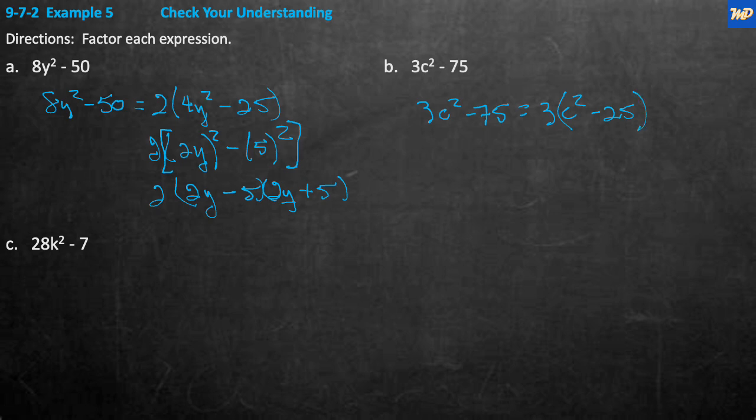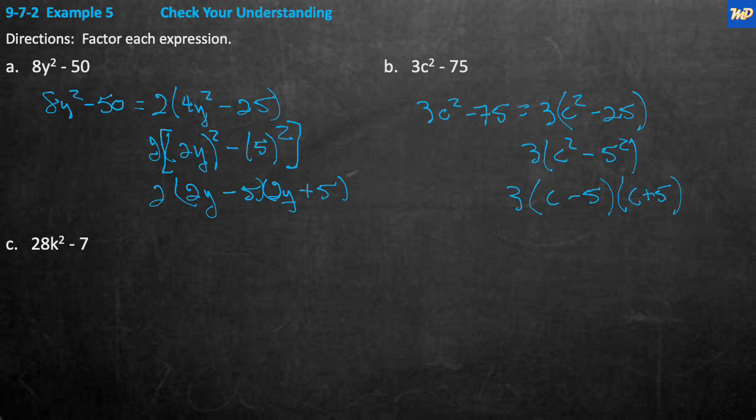Now we can break this down into c squared minus 5 squared. So now I can write this in the form that we want: 3 times c minus 5 times c plus 5.